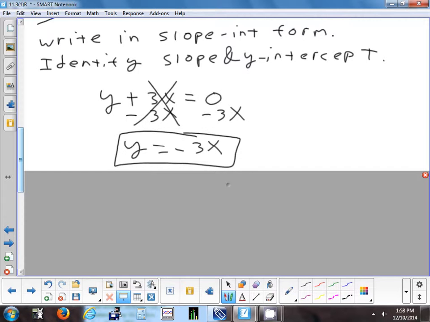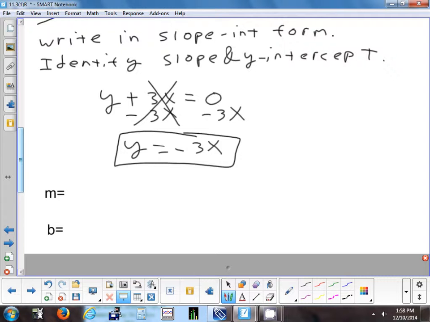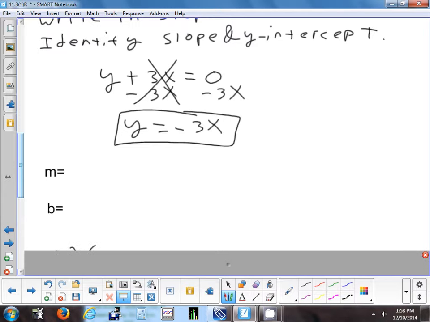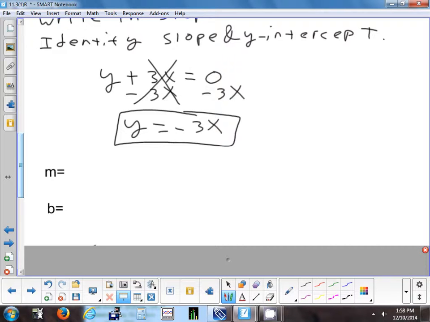Sometimes, guys, it might look just like that. It might look just like Mr. Hager has right there. So in that case, Justin, what's your slope? We always say the slope has what attached to it?